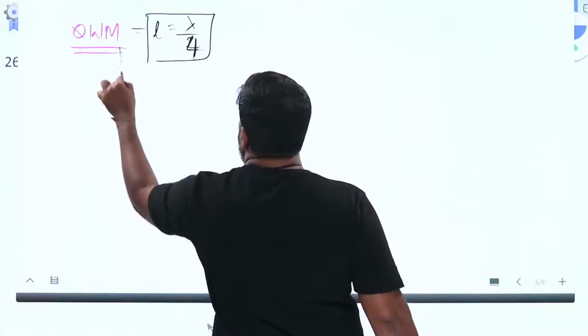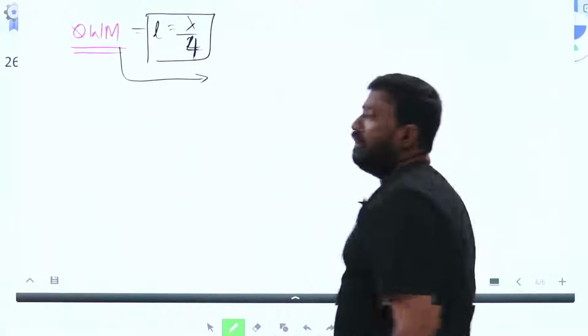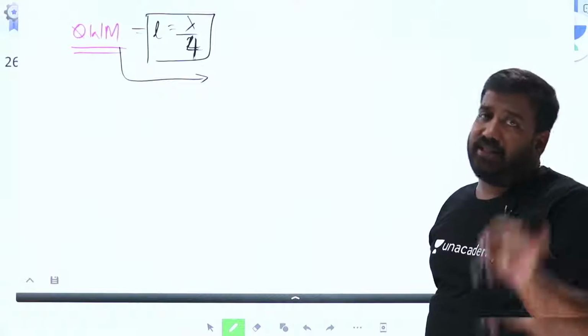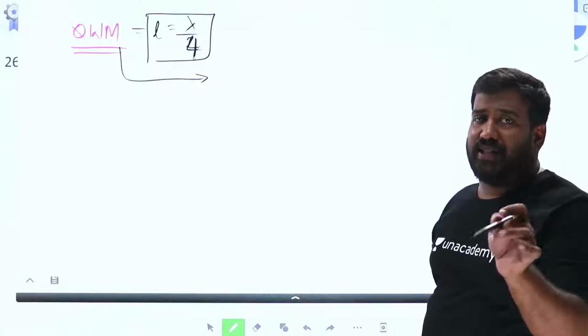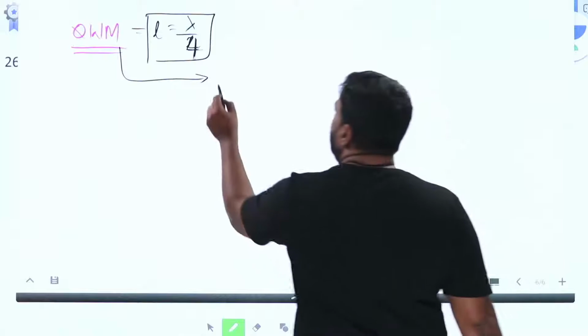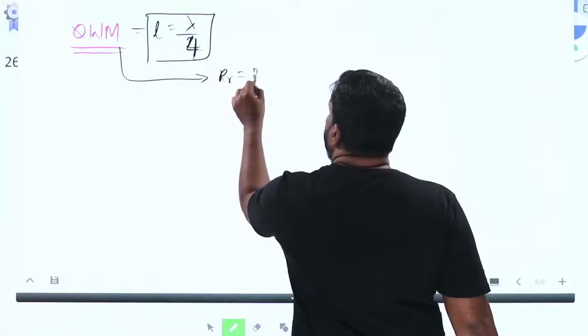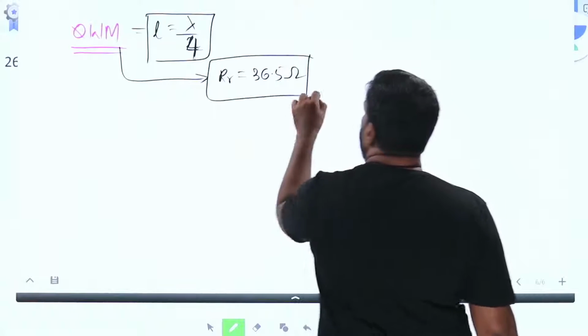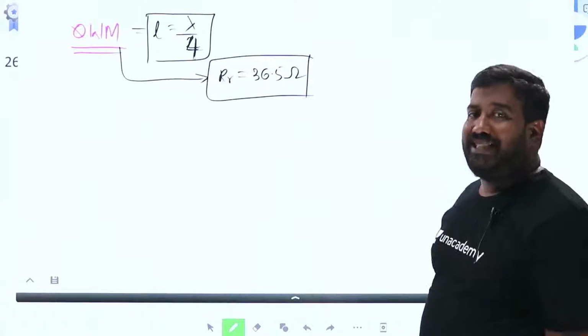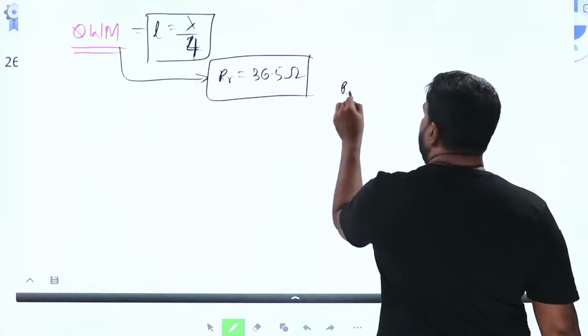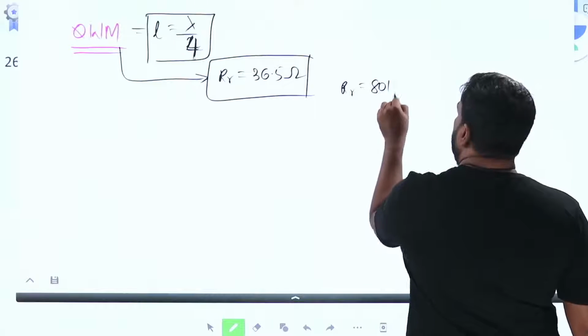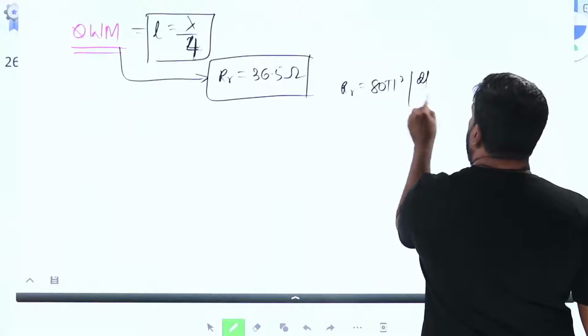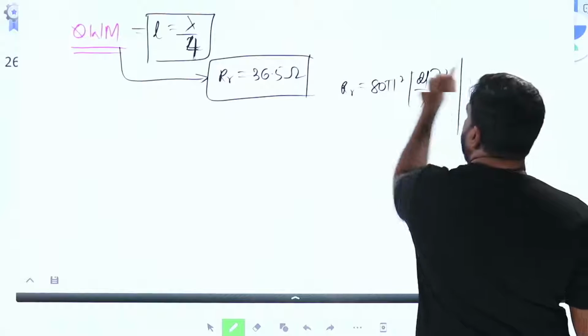For a quarter wave monopole antenna, the radiation resistance is 36.5 ohm. The general formula for radiation resistance is 80 pi square into (dl by lambda) whole square.